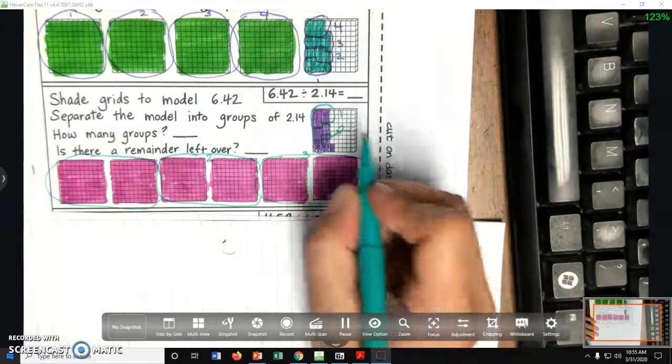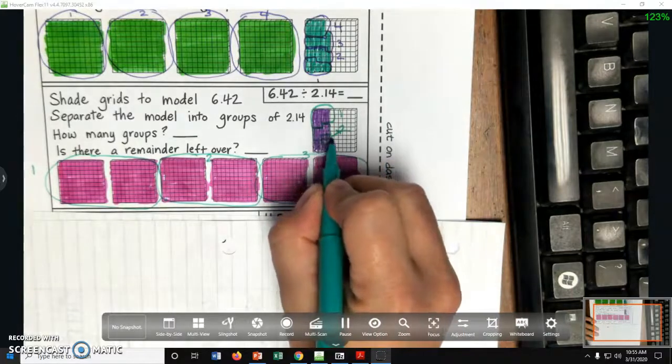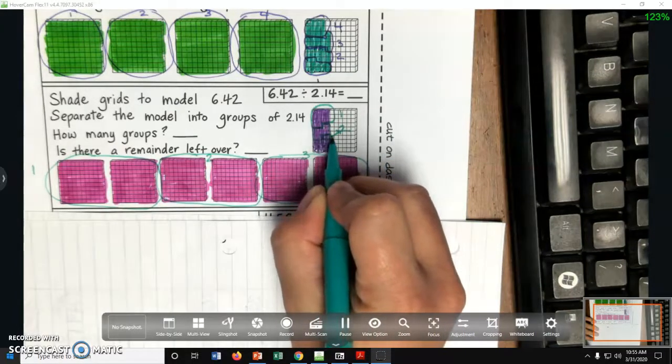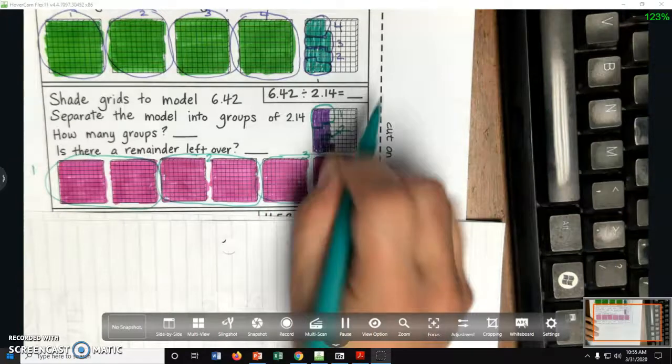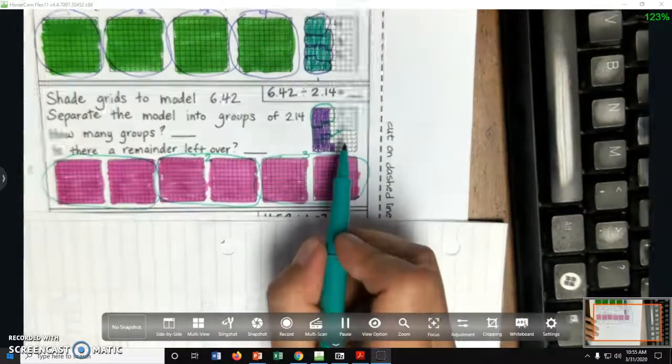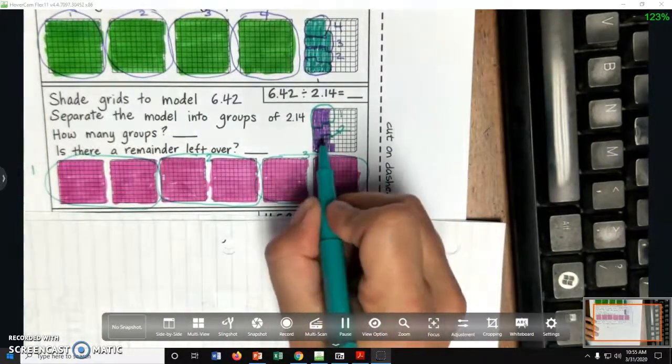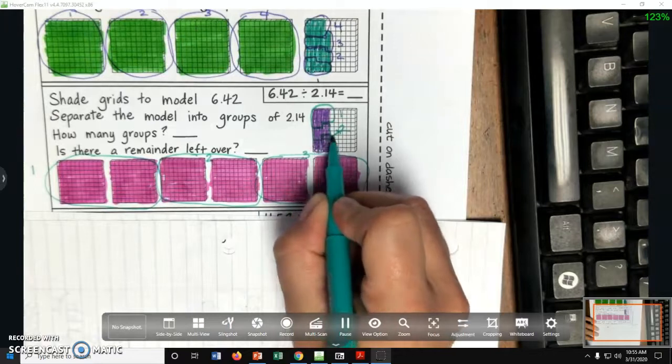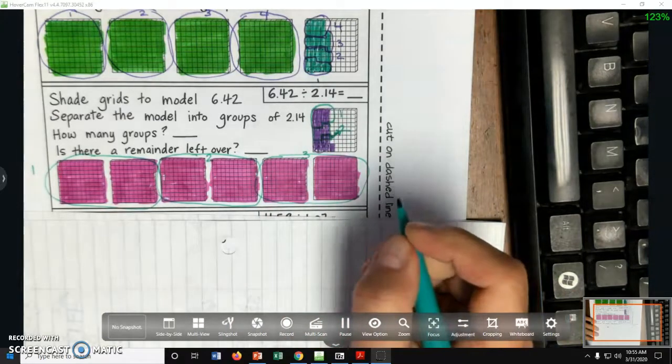And I got a little messed up because I forgot these 2 right here. I was counting to 12 instead of 14 because I had the problem from above in my head. So, excuse me, these 2 right here belong to group 2 as well.